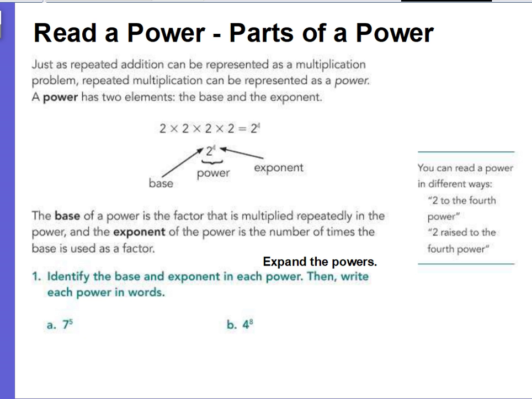As we saw before, 2 times 2 times 2 times 2 becomes 2 to the 4th. The entire thing is called a power. It is made of a base, which is the bigger number that's being multiplied over and over, or the number that's being used as a factor, and it's made of an exponent, which is a little number in the upper right-hand corner that tells you how many times to use the base.